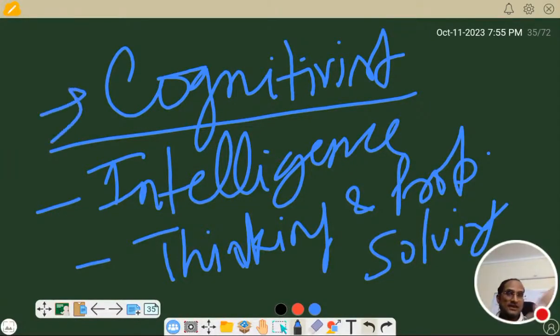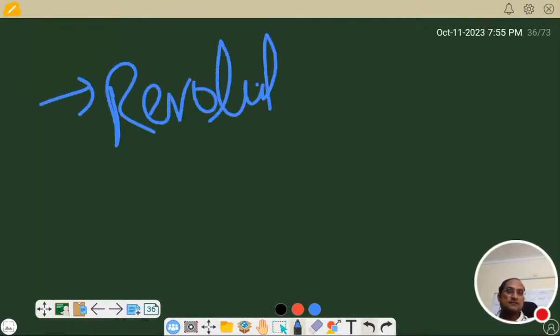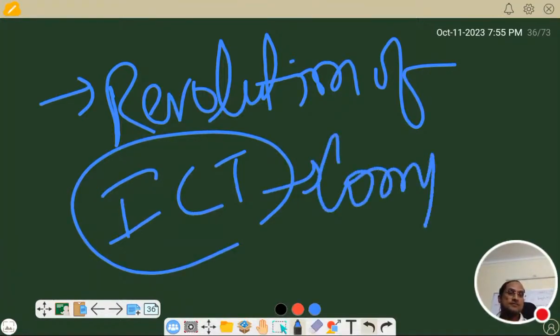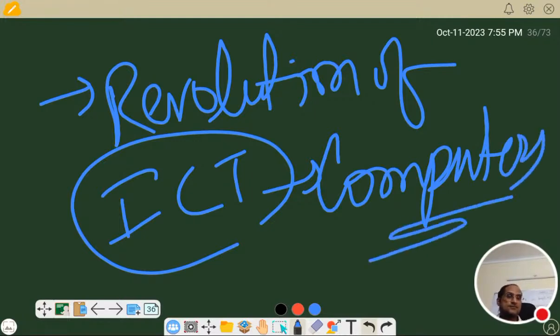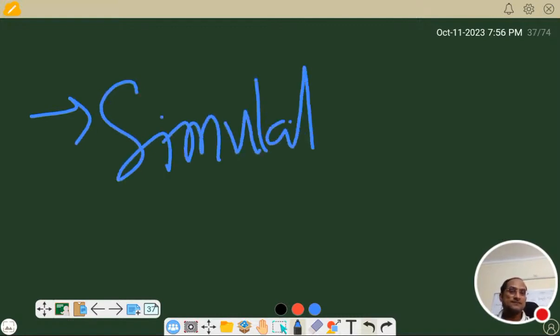What helped cognitivists also is the revolution of ICT, information and communication technology, that is computers. Computer technology gave us the liberty to study things in a simulated manner, simulation studies.